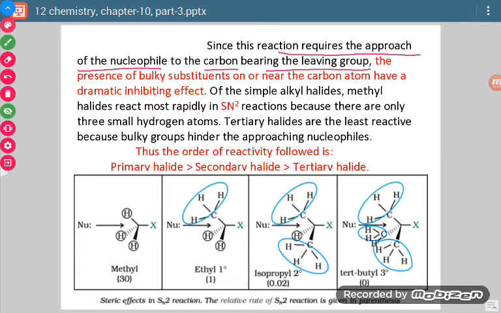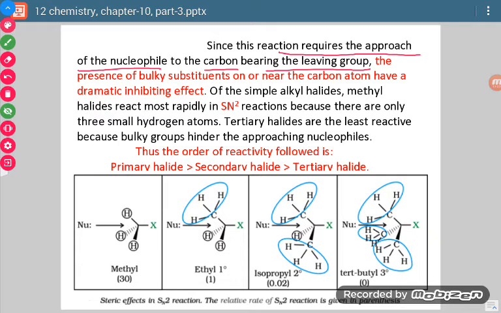If it has to get attached, then the central atom should be prominent so that the nucleophile can easily get attached. Now a factor comes, and it is called steric hindrance.